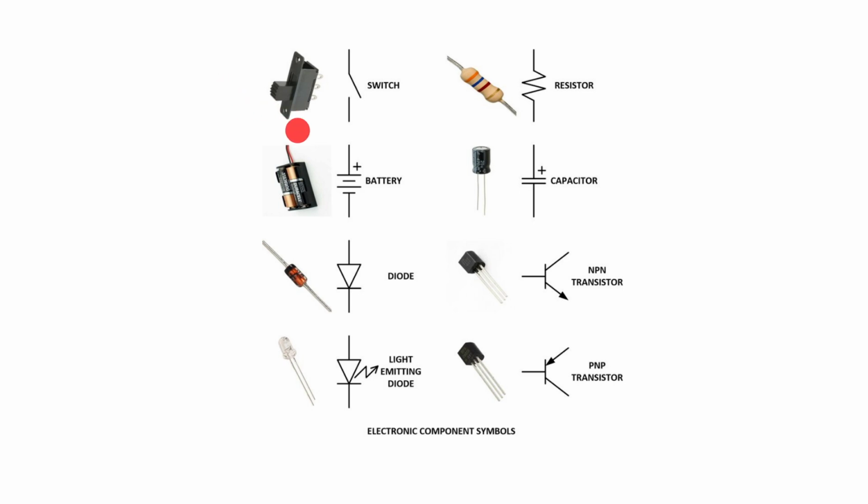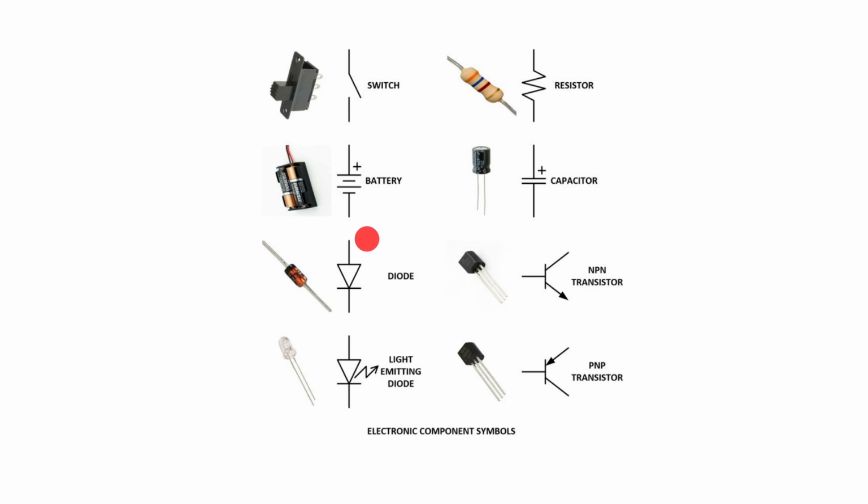We have a switch, which I guess is an electrical component that is used essentially to break or continue the circuit. Let's just call it that. We also have a battery.